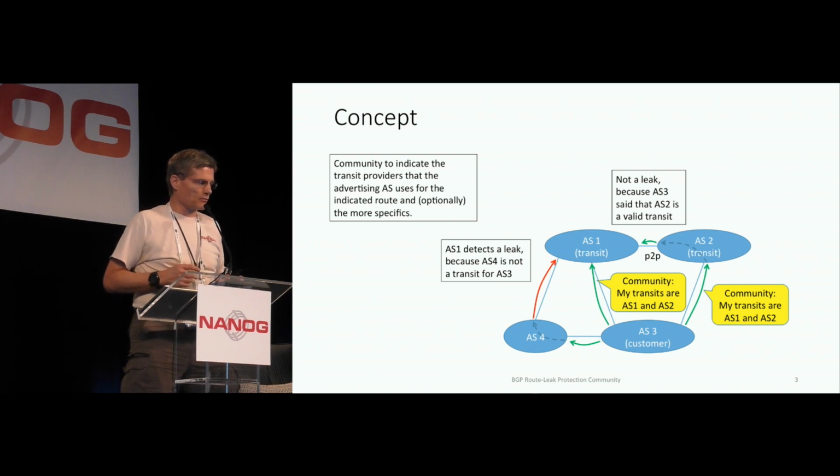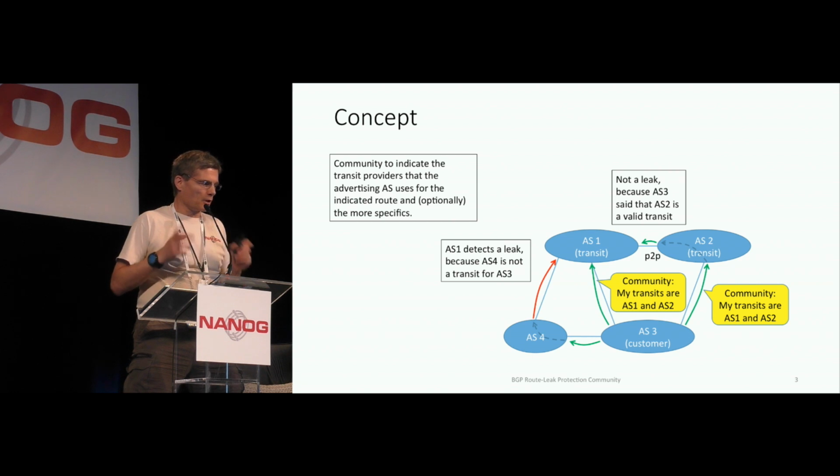So the concept of this one is that suppose customer AS3 there has two transit providers, AS1 and AS2. Now, he sends a route, and in that route he puts a community that says my transits are AS1 and AS2.